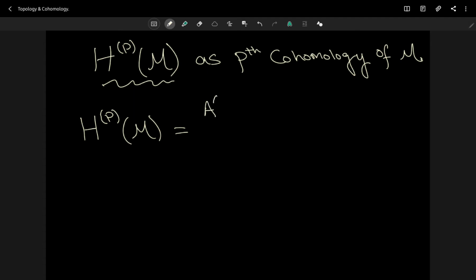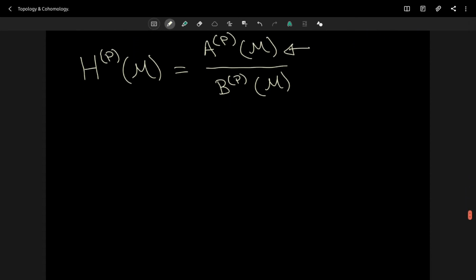So that is A P of M divided by B P of M. Two vectors in this A are considered to be the same if they differ by an element of this B, which is the exact form.